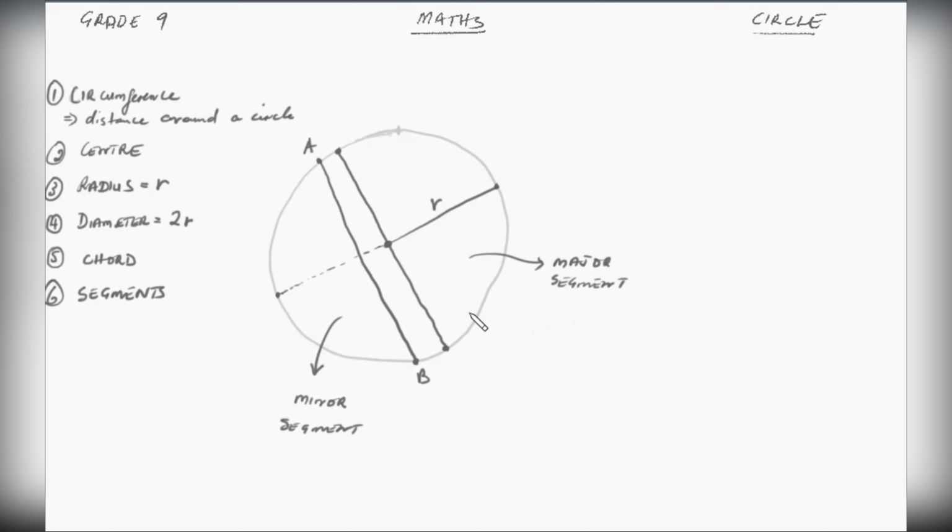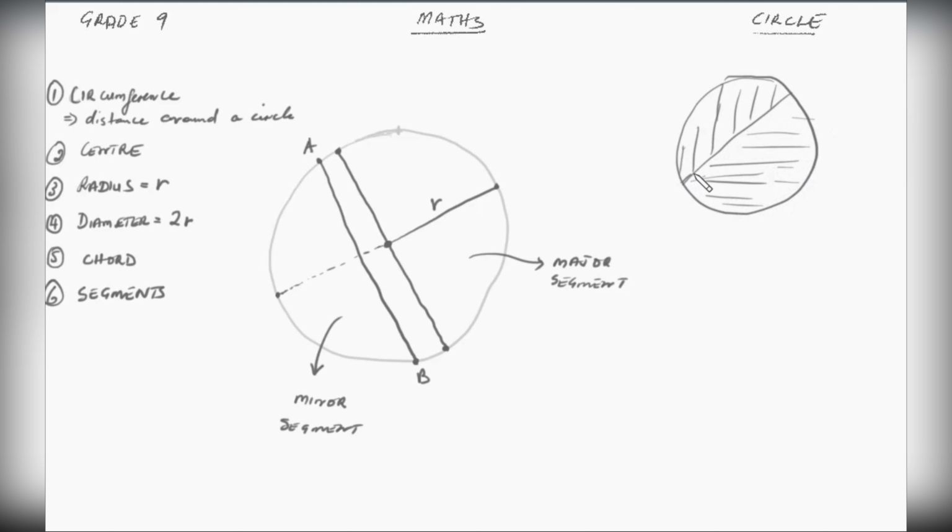So if we have a circle like this, and we draw a chord somewhere, our circle is divided into this segment, and this one. So the larger segment is called major segment. The smaller segment is called minor segment.